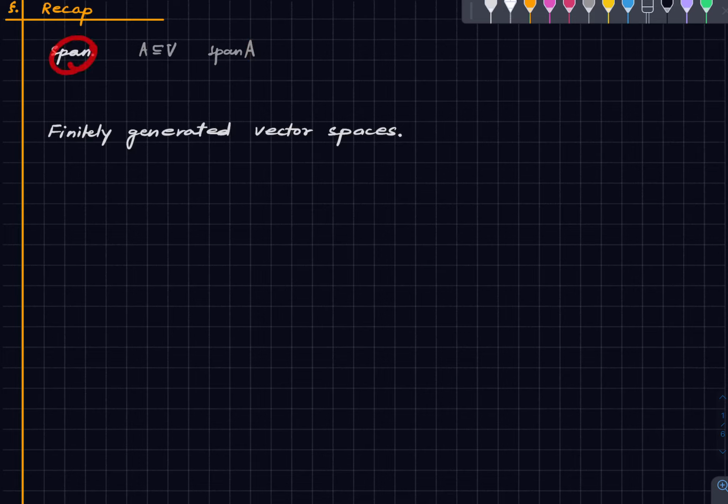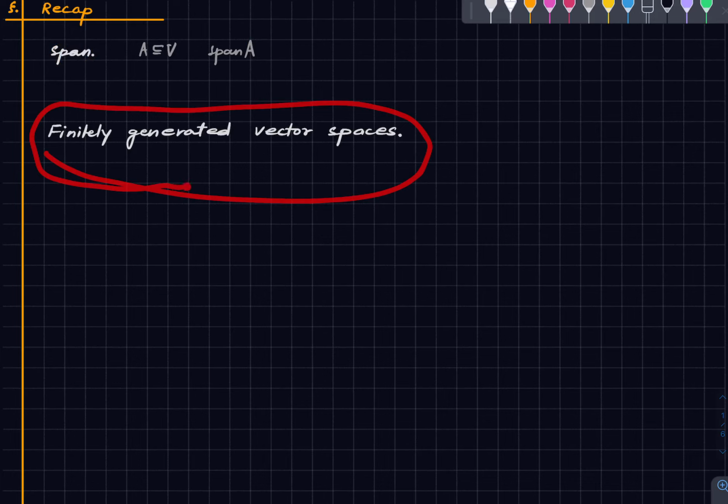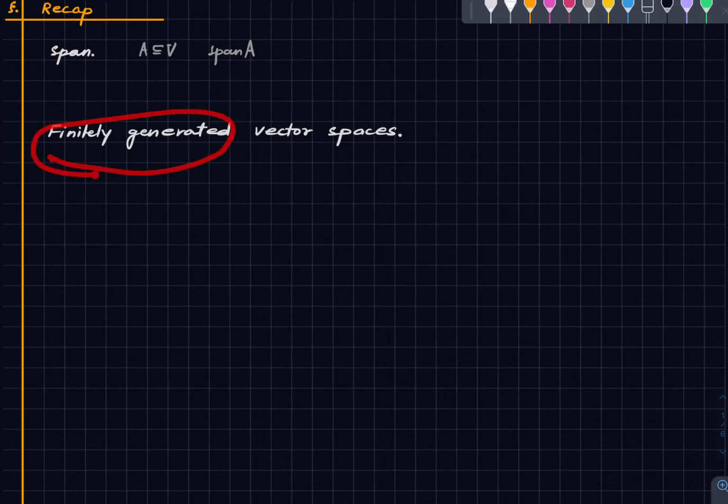So this is something that we will need, and we need the notion of finitely generated vector space. A finitely generated vector space is a vector space for which one can find a finite subset of vectors, meaning V is said to be finitely generated if there is a finite subset A of V whose span is the entire space V. Right.